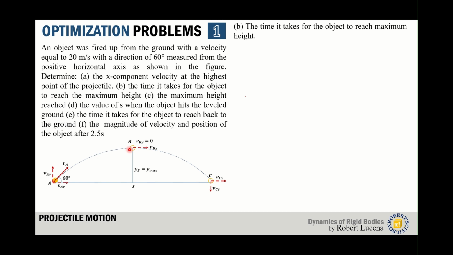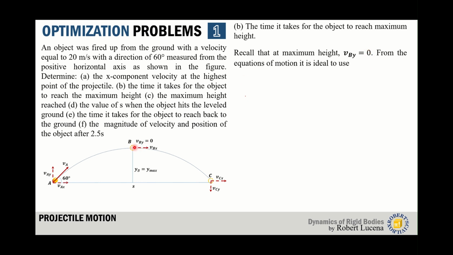Second question is the time it takes for the object to reach a maximum height. So since we are talking about the velocity movement along y-axis, we will be using the three equations of kinematics that we have discussed earlier. So recall that at the maximum height VBY is equal to 0.